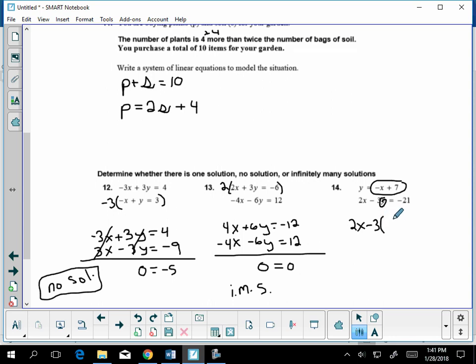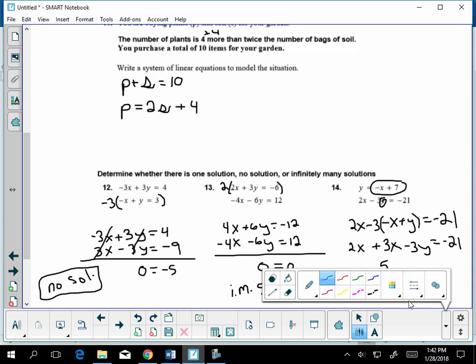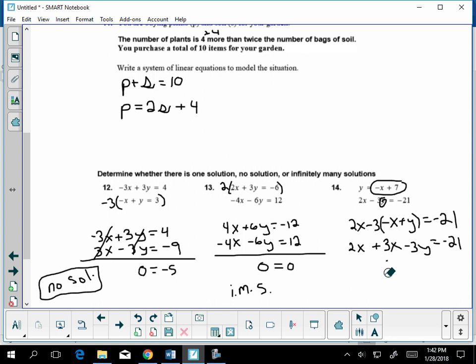3. Now instead of writing that y, we're writing negative x plus y. Let's go ahead and distribute. Be careful of that sign. 2x plus 3x minus 3y equals negative 21. Combine your like terms. Oh my gosh. I almost made a horrible mistake. Did anybody notice what I did?